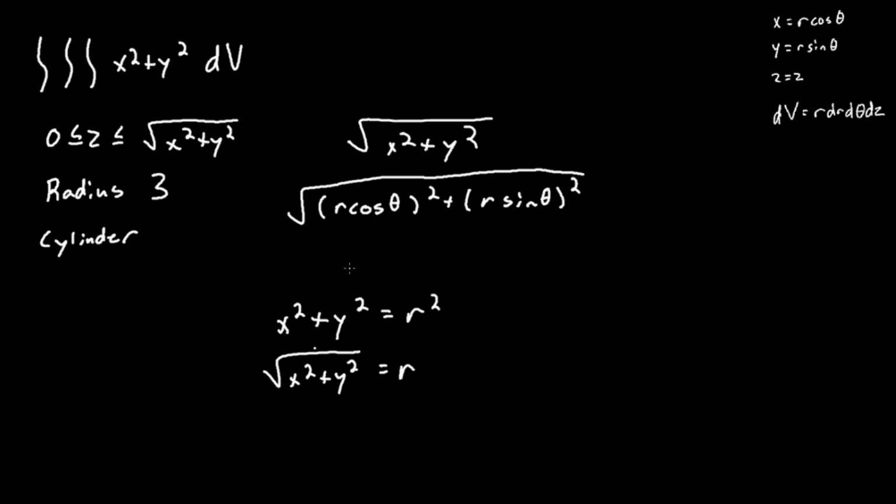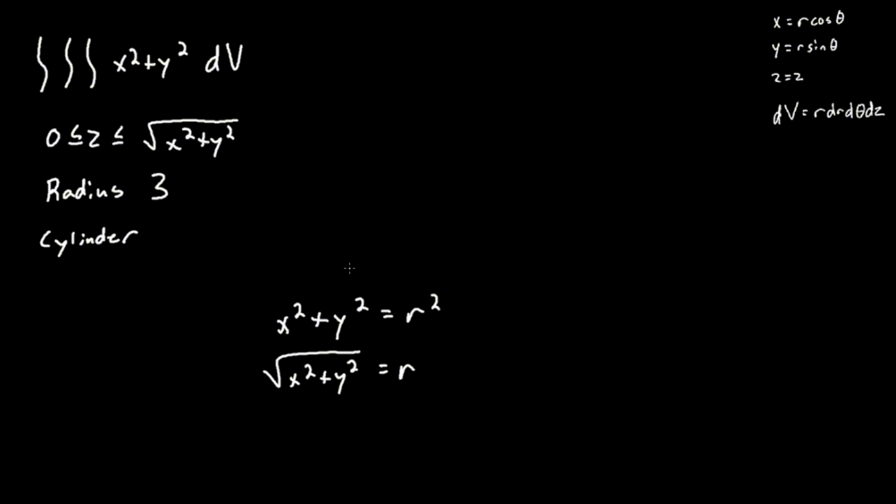I derived this by just square rooting both sides here. So the square root of x squared plus y squared is simply r. Therefore, our z bound is just r. Our radius is 3, and now we have a full cylinder.